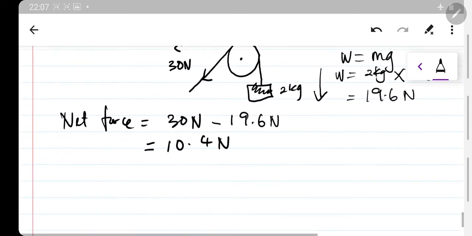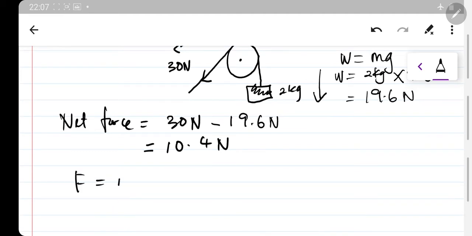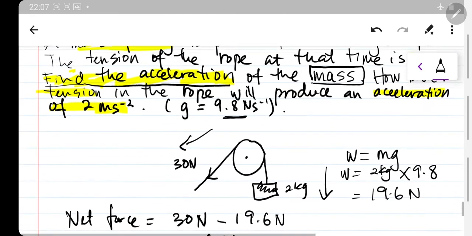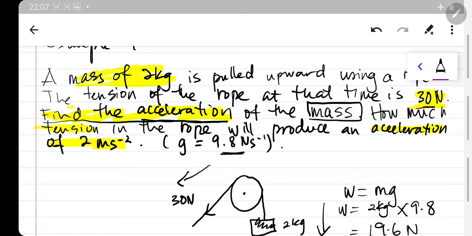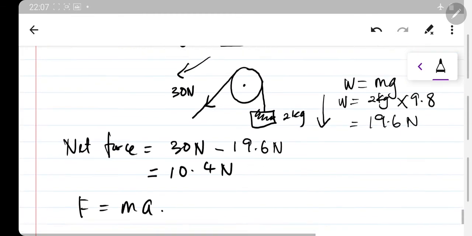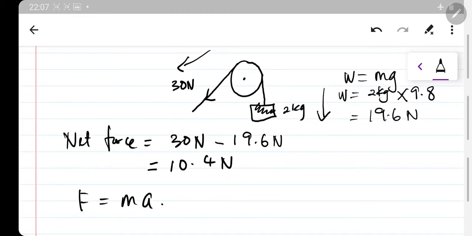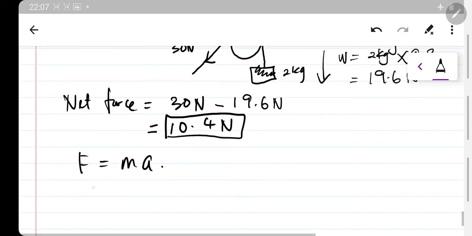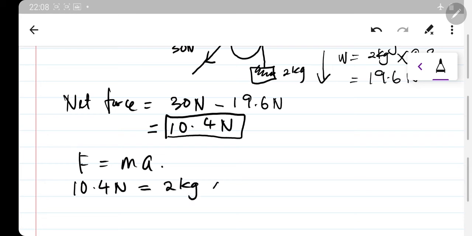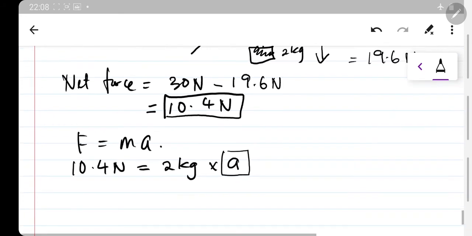Next we use F equals ma, because the question says find the acceleration. So F, we take 10.4 Newton, and the mass is 2 kg. And this is the thing that we need to find, acceleration.